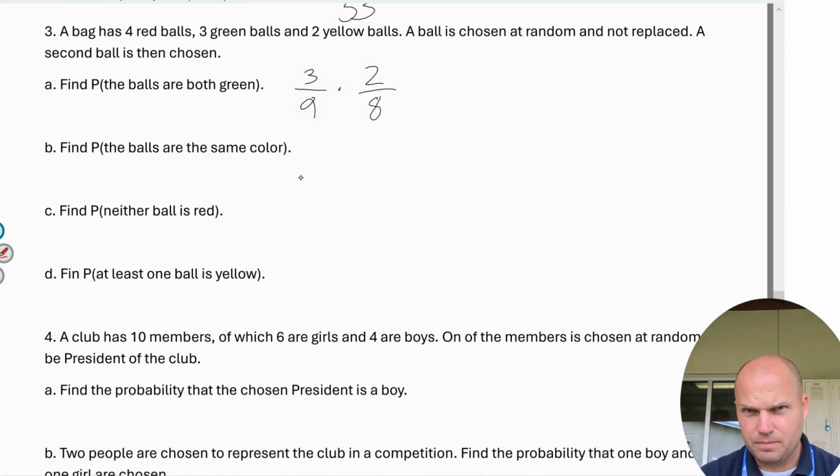The balls are the same color. Well, you have the red possibility. You have the green possibility.